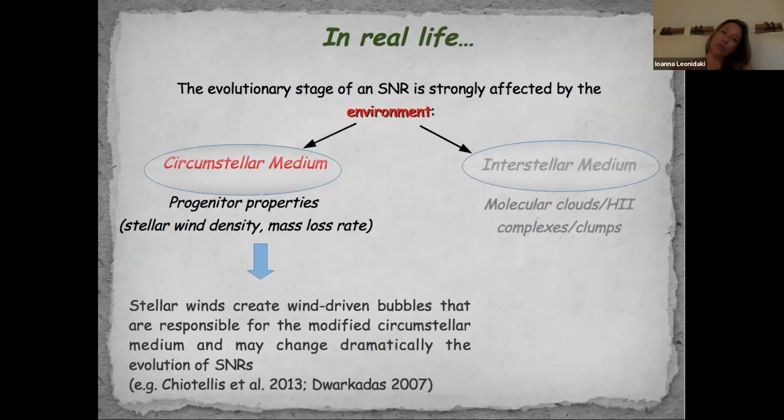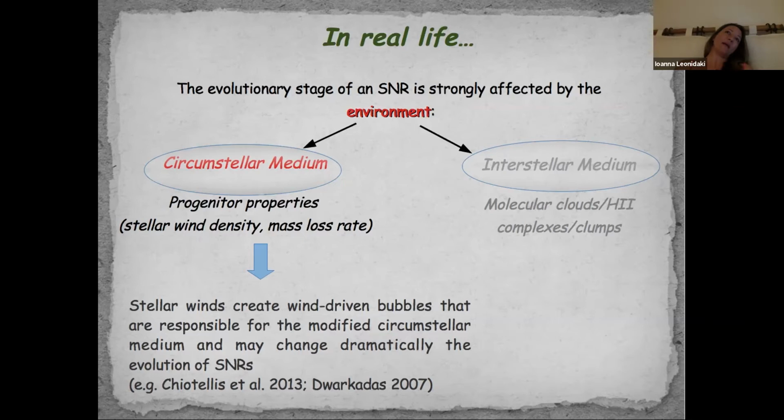The circumstellar medium usually, the progenitor star is the one that actually transforms and modifies the circumstellar medium, and the more massive the progenitor is, the more effect it has on the properties around the SNR. What does this mean?